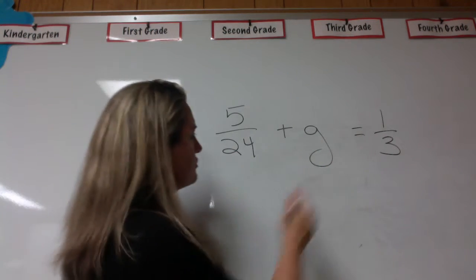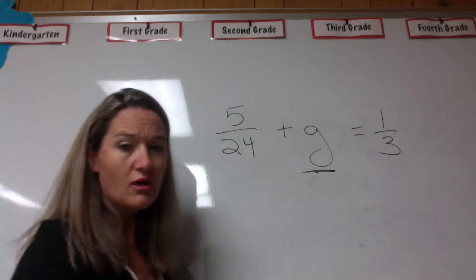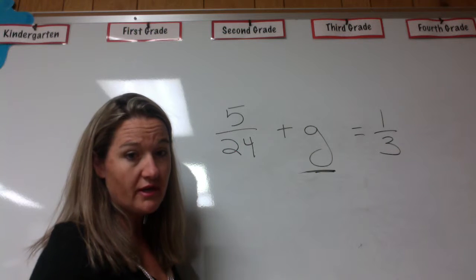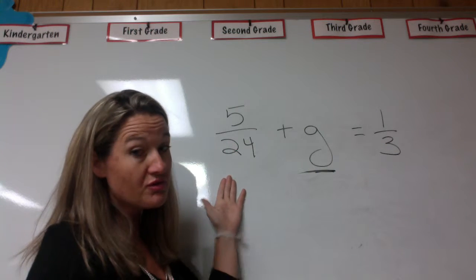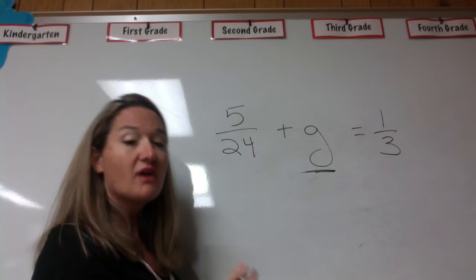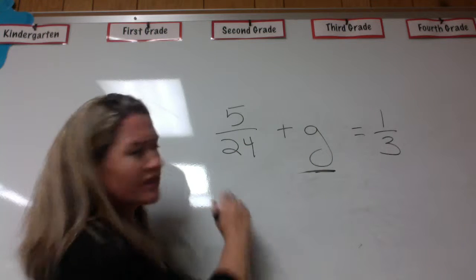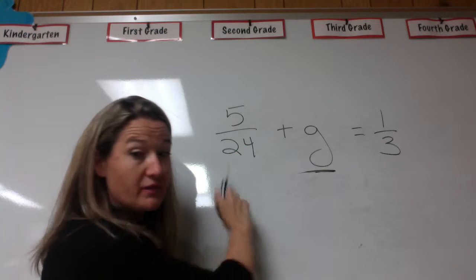Okay, so now here's our variable. We want to get g by itself. Remember we're adding 5 over 24 to g. So we've got to get rid of this. Remember, they're being added.